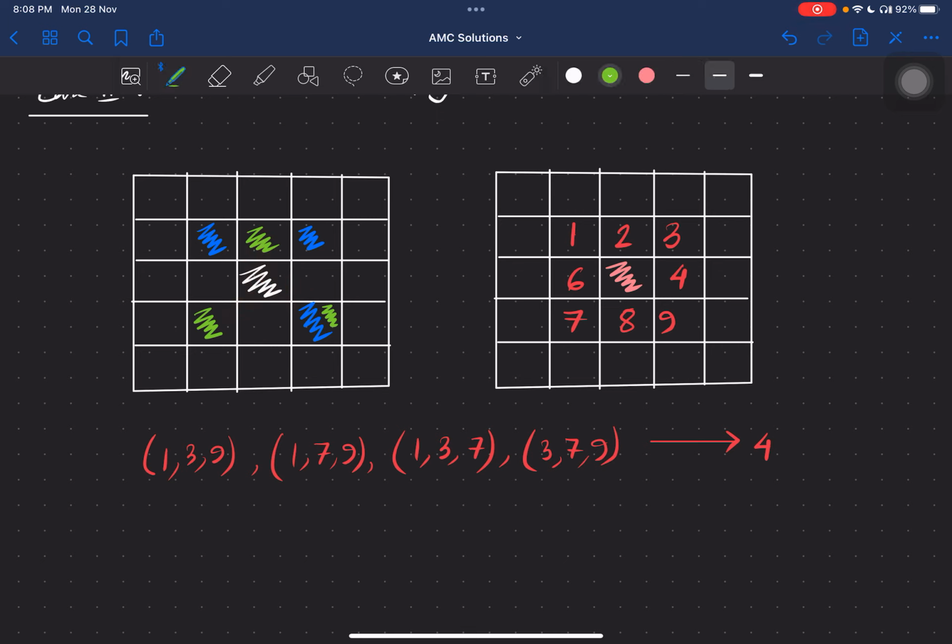Let me write down how many there are. 2, 7, 9, 6, 3, 9, and then 4, 1, 7, and 8, 1, 3. So these are four more cases.